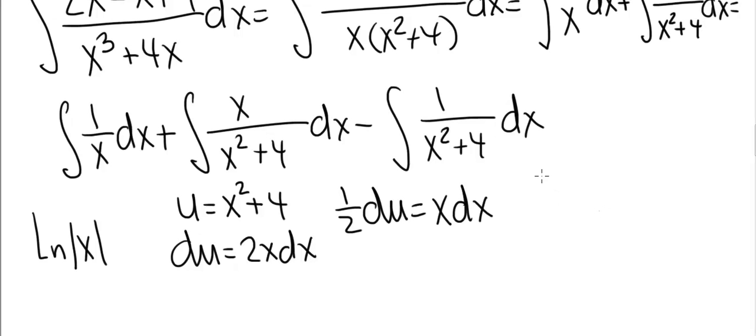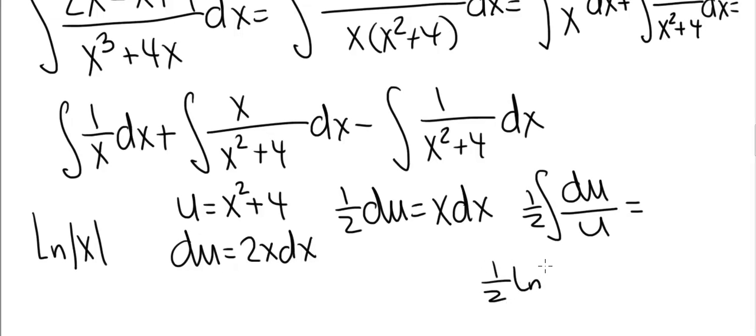The integral then becomes 1/2 du over u, with u in the denominator. That's 1/2 times the natural log of absolute value of u. Since u is x squared plus 4, it's never negative and never 0. This is 1/2 natural log, without absolute value, of x squared plus 4.